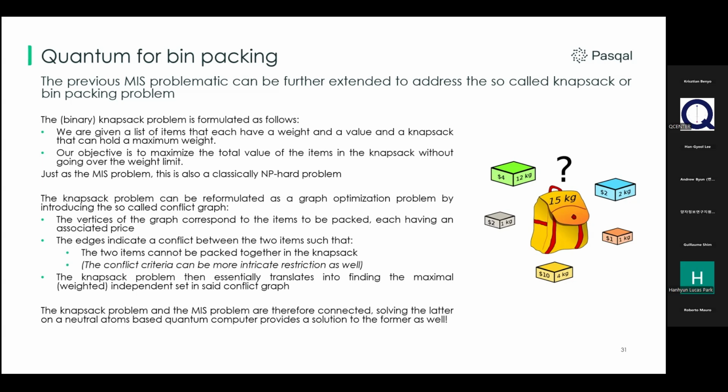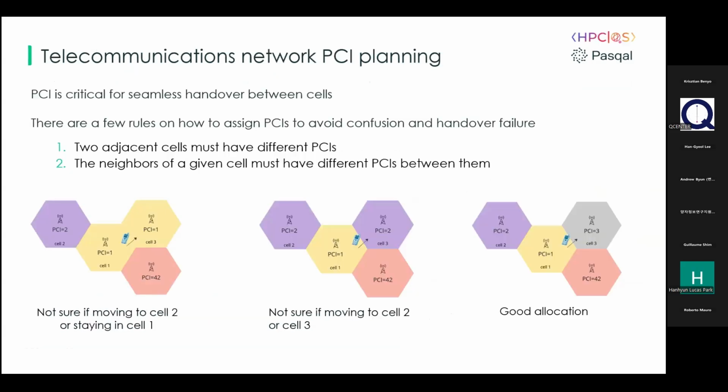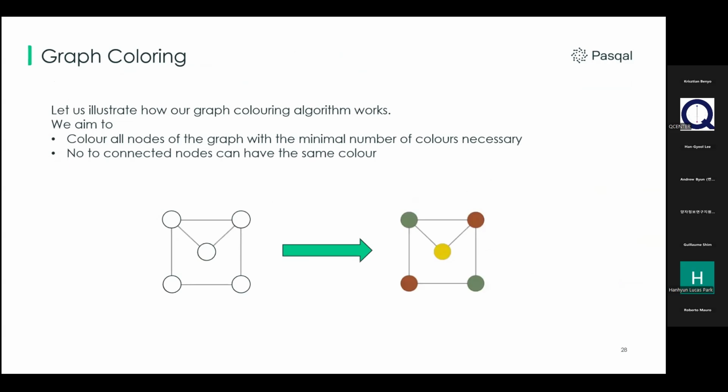So maximum independent set really arises in various different scenarios: in the bin packing problem, for a more abstract representation on constraint graphs, for portfolio optimization, or for graph coloring type problems as well.